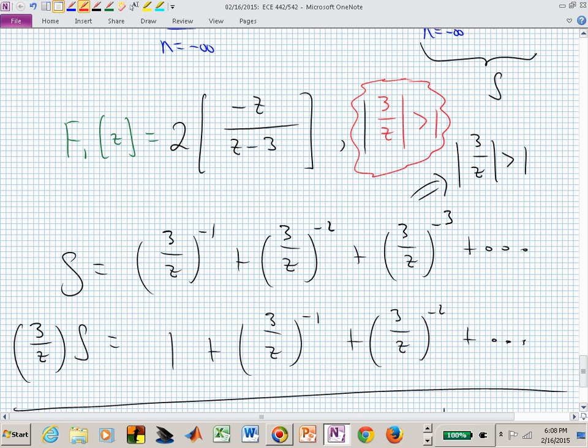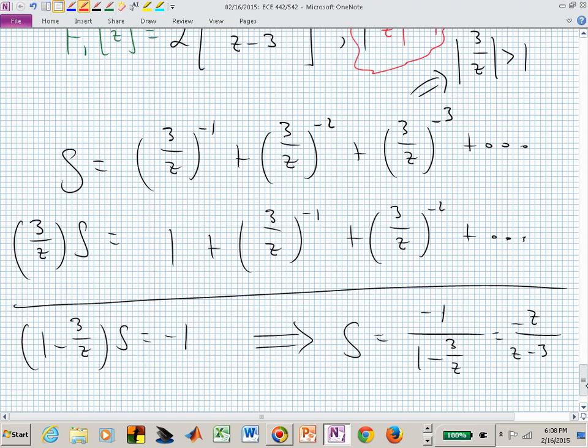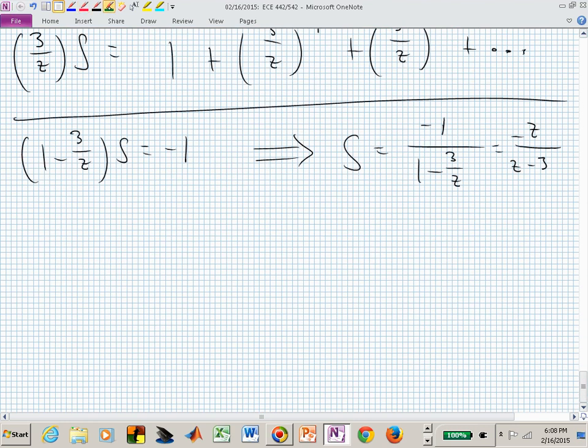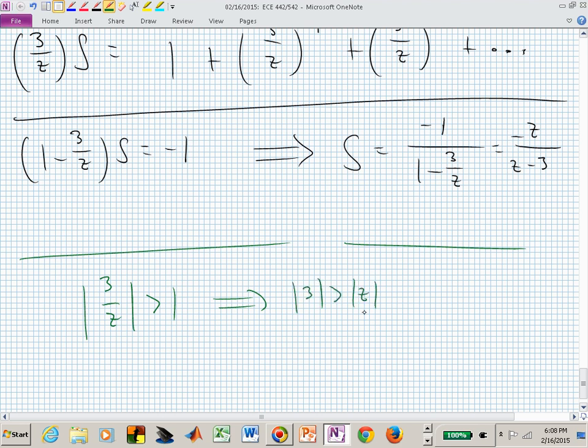Complex Z-plane. Got too many Z's now floating around. The absolute value of Z needs to be less than 3. Region of convergence.